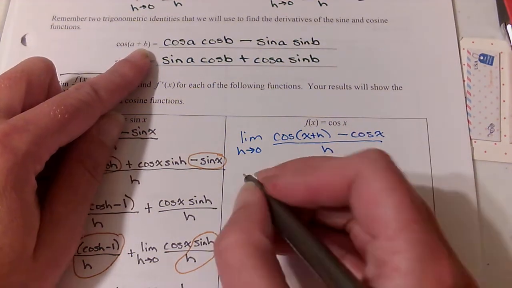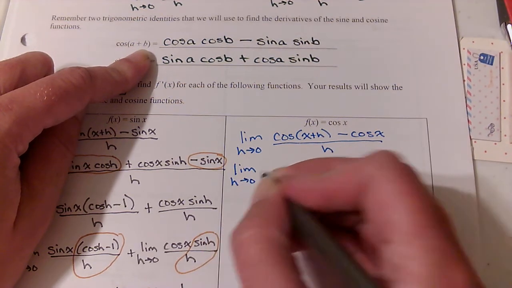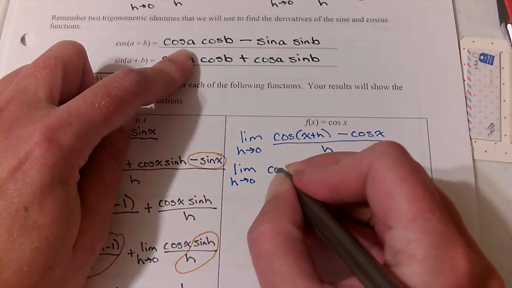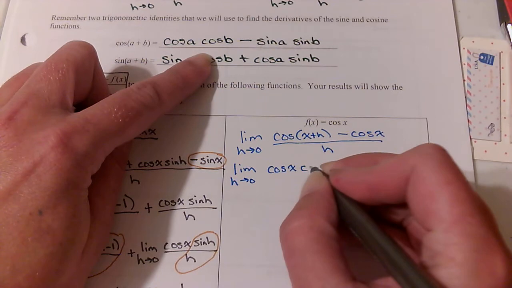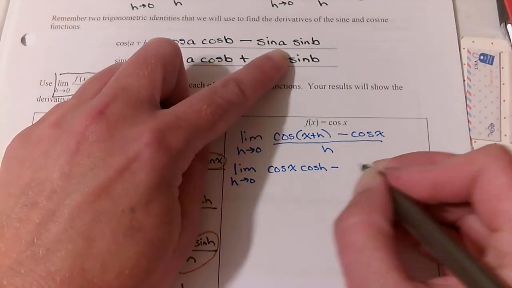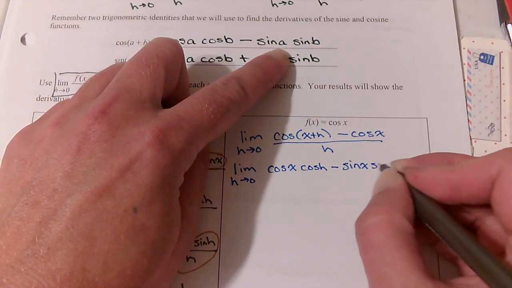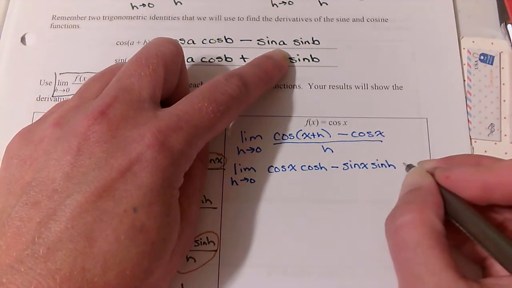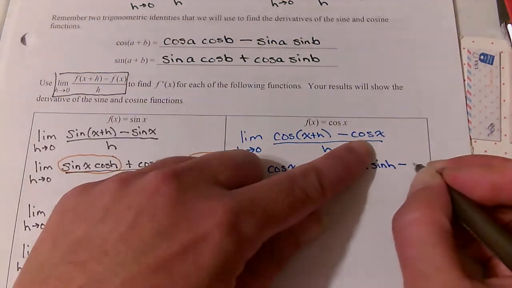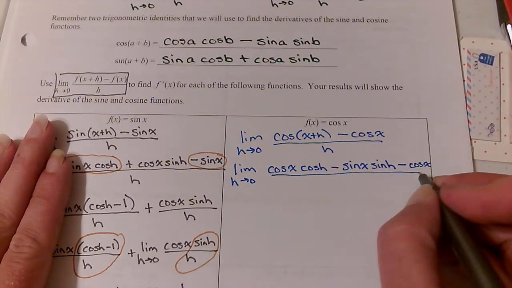Well, I'm going to use this trig identity and get cosine x cosine h minus sine x sine h minus cosine x all over h.